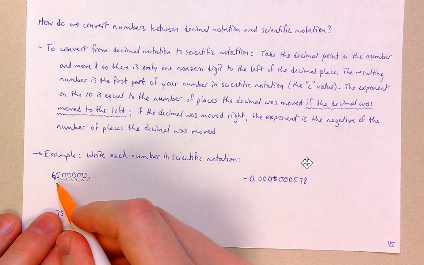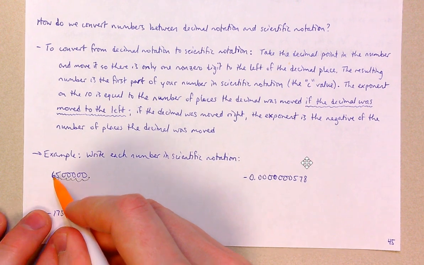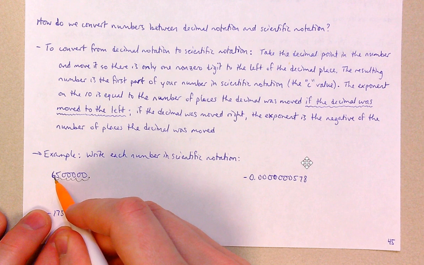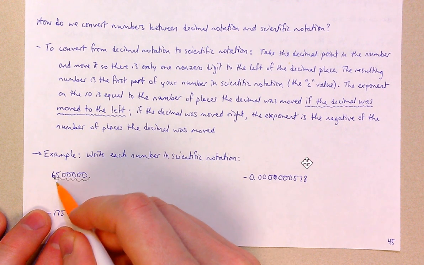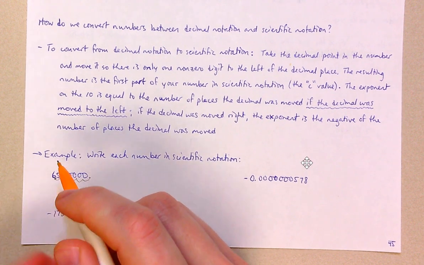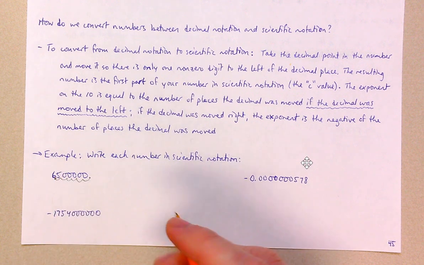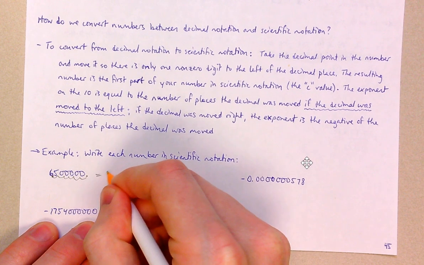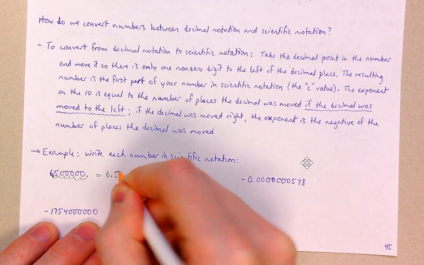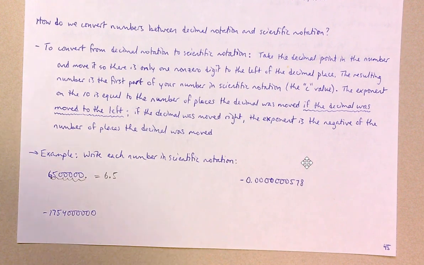So the resulting number that I get when I visualize my decimal point here and not here is 6.50000, or just 6.5. That 6.5 is going to be the c value, the first part of my number written in scientific notation.